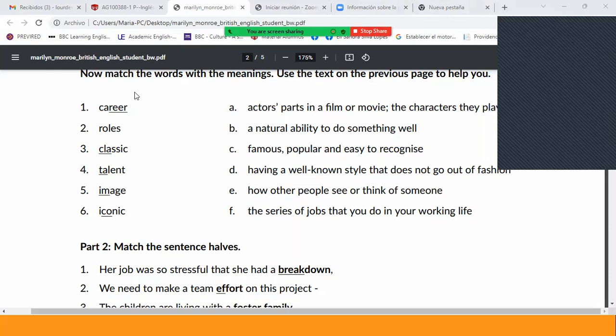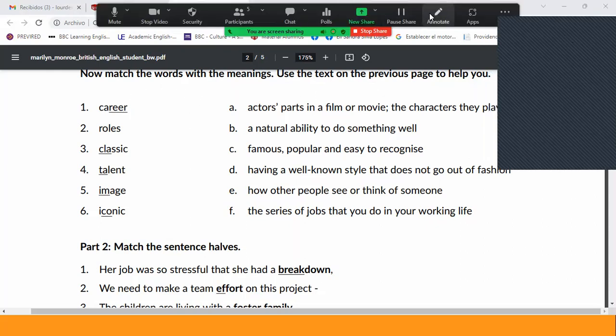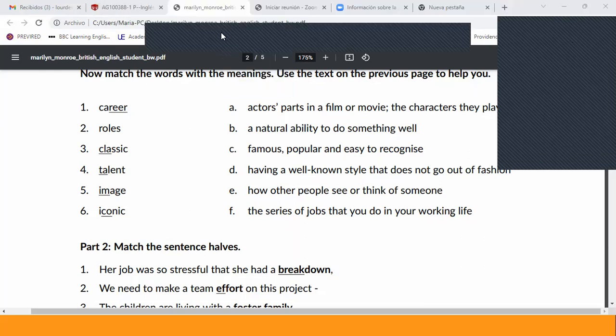Yes. Yes? Okay. I believe. Let's see the first one. You will read the word and then the correct definition. Okay, Alexis, please.